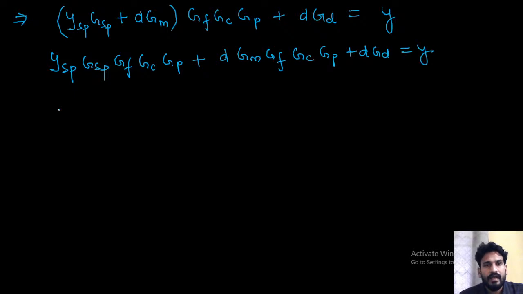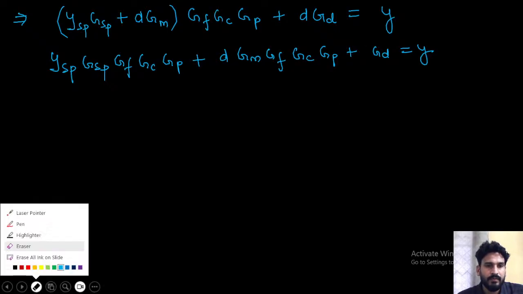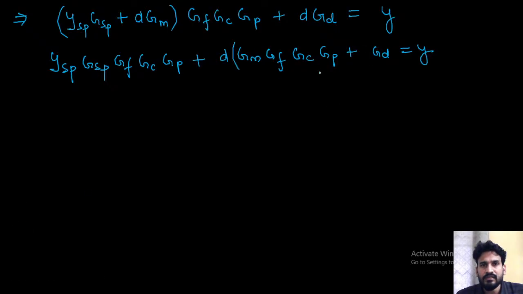is equal to Y. And for perfect rejection, the coefficient of your D, I can write this step directly. Just take out the D as common.